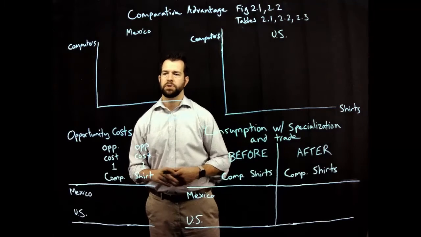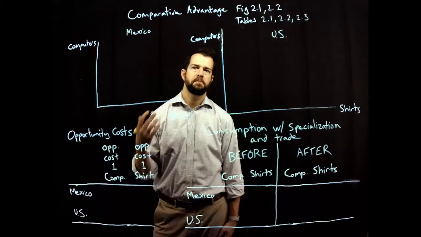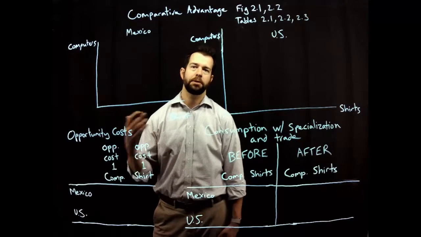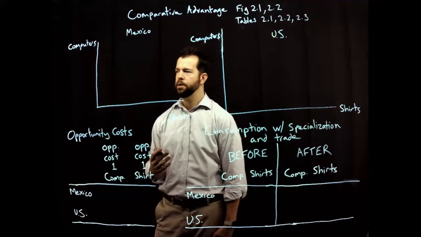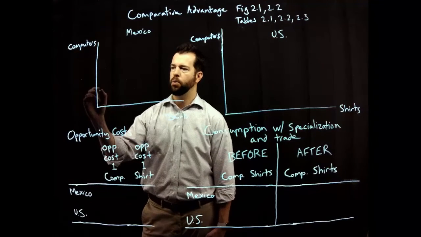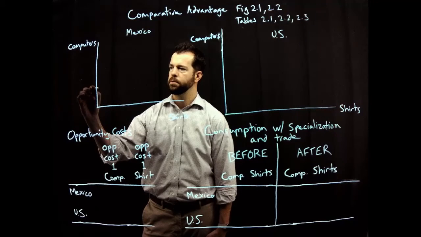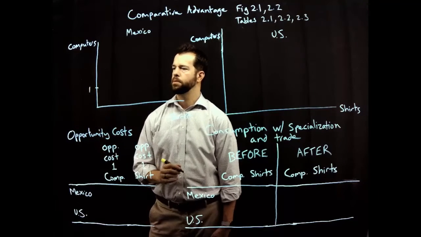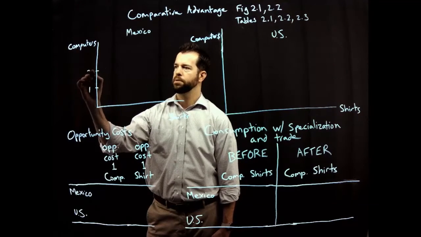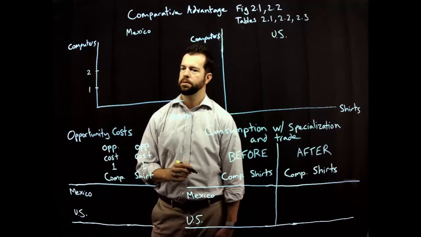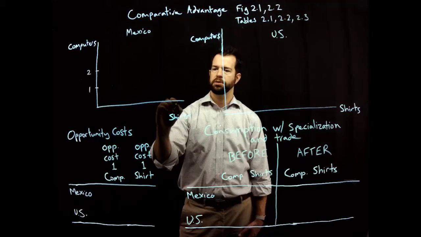Mexico, with its factors of production, its labor, its capital, its entrepreneurability, and technical know-how, can produce up to 2 units of computers, and up to 12 shirts.